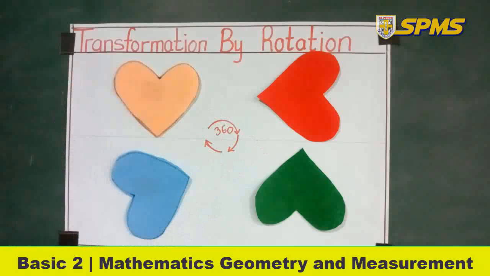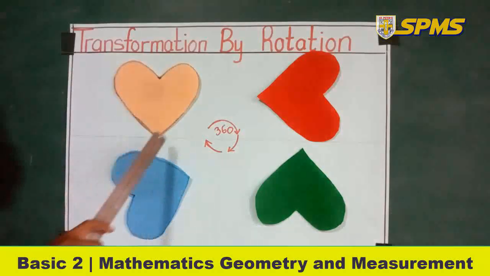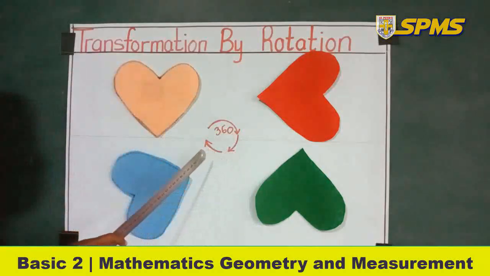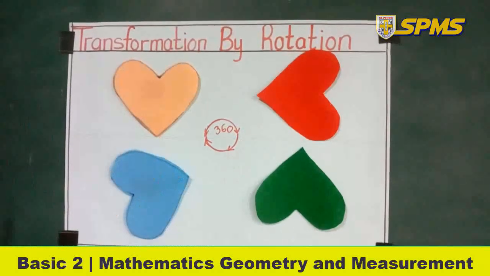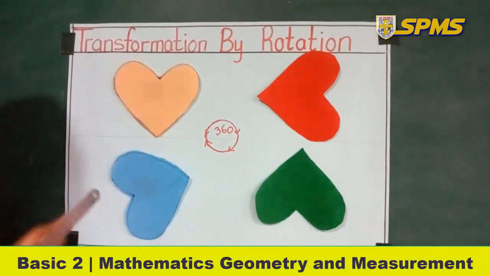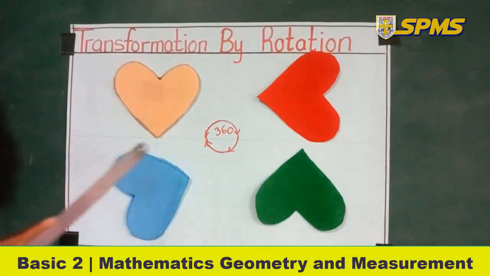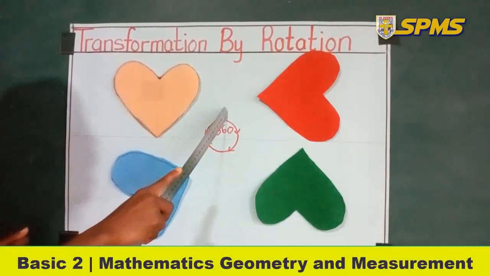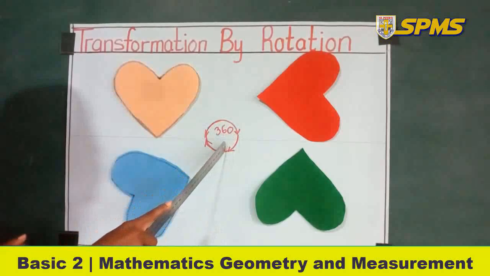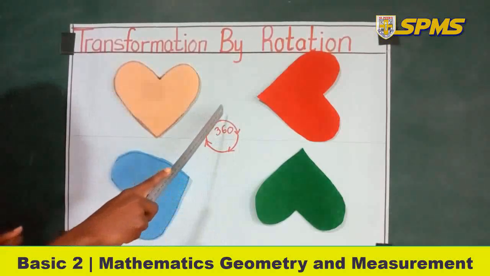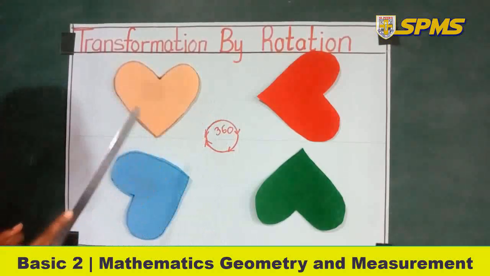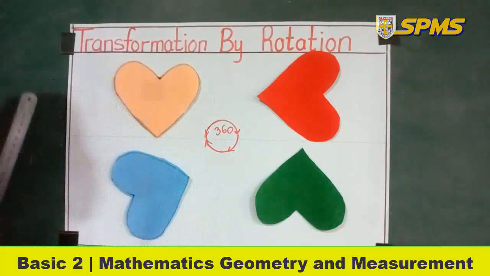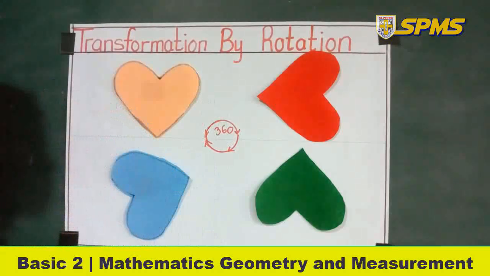In this demonstration, we moved clockwise. 360 degrees means that you start from a point, you go round about, you don't break, so you come back to the first point. That is what I mean by 360 degrees.